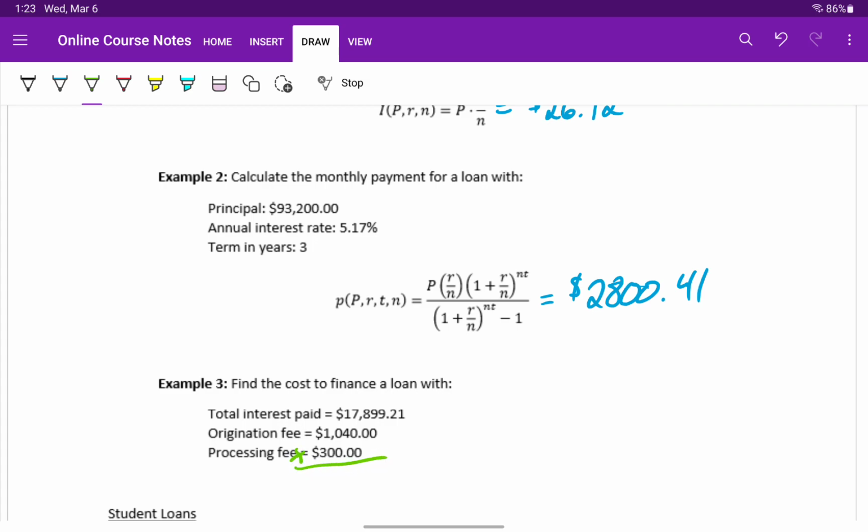What we'll do is take all those values, add them together to get $19,239.21. So it's not stated here what the original loan amount was, but in order to receive that money for whatever purpose, we had to pay a little over $19,200 to be able to get access to that money due to the interest and fees associated with the loan.